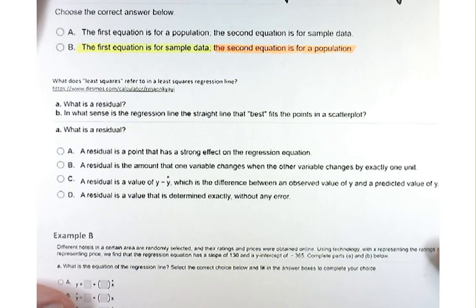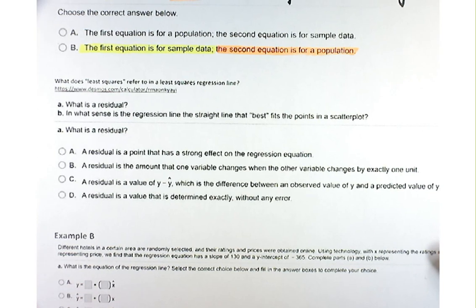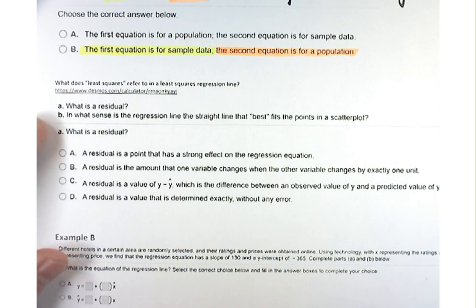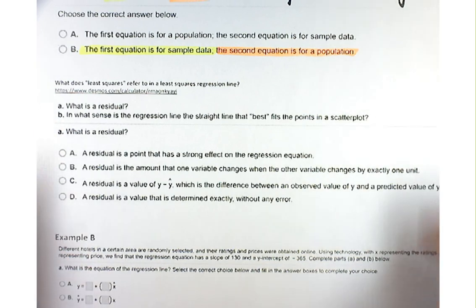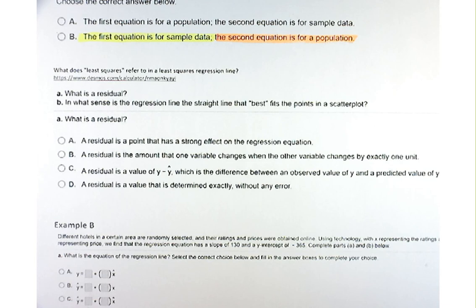Think back to what we just did, and think back in particular to your residual. So which one of these best represents what you think of as maybe being the residual, which is the difference between your observed and expected? Omar, what do you think?